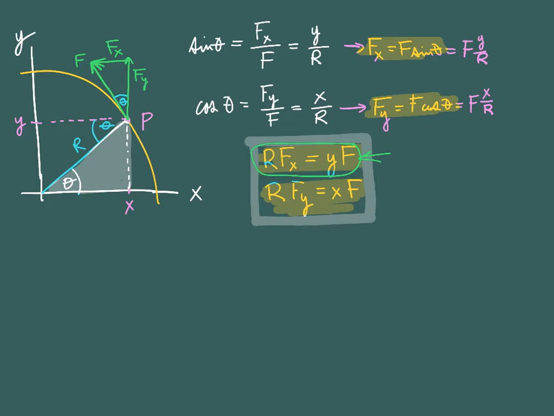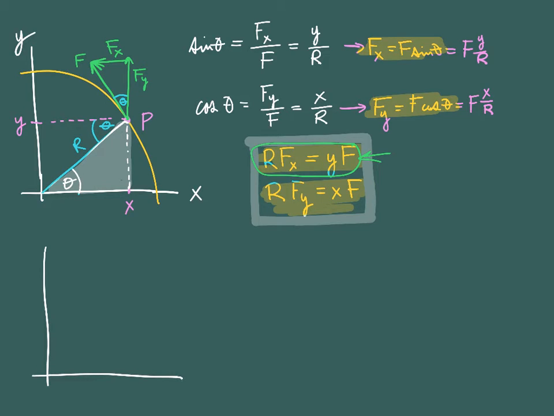And both of these equations have that feature to them. In the second one, Fy really isn't there, but the R is. On the other side of that equation, X really isn't there, but the force is, so to speak. So that's that in a nutshell. Now, but wait, there's more.